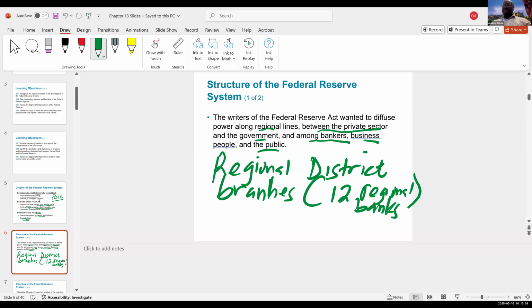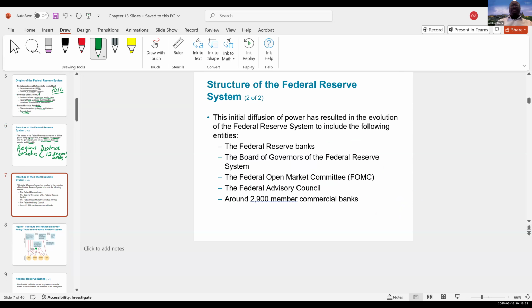The Federal Reserve is part government, part public, and part private. All private banks in the United States are members of the Federal Reserve system in the district where they are located. So that brings some assurance that it's not a completely government thing, because we attract the private sector, banks and others, business people and the public, when we created these branches of the Federal Reserve.